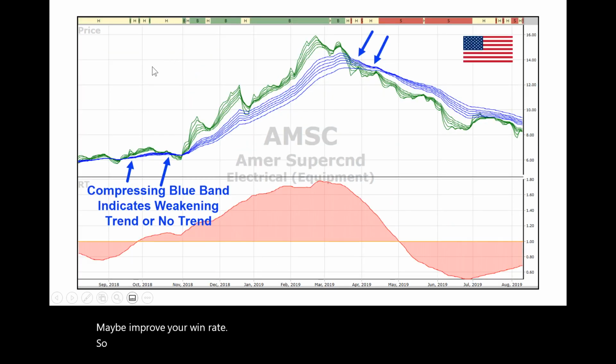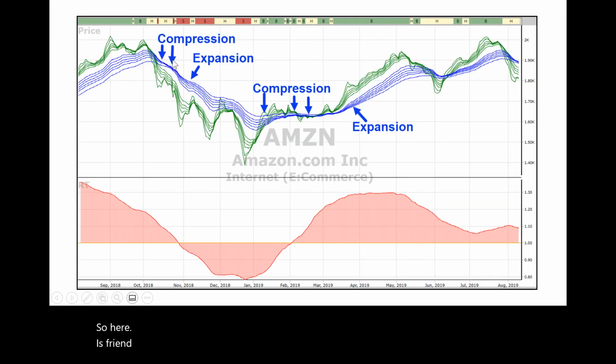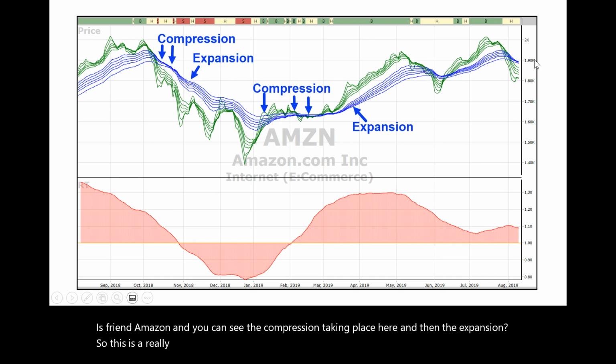So here is friend Amazon, and you can see the compression taking place here and then the expansion. So this is a really high price stock, obviously, so these moves are pretty big dollar moves, in this case to the downside.